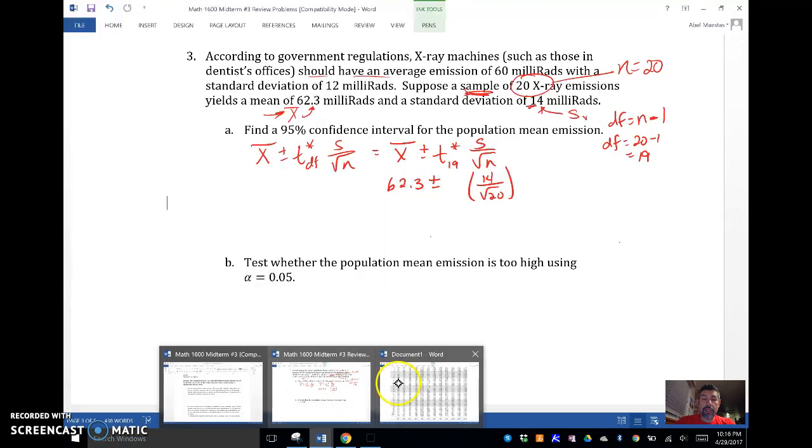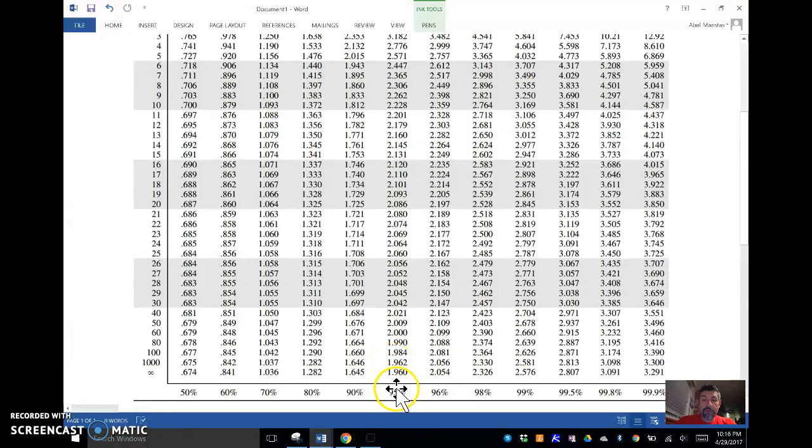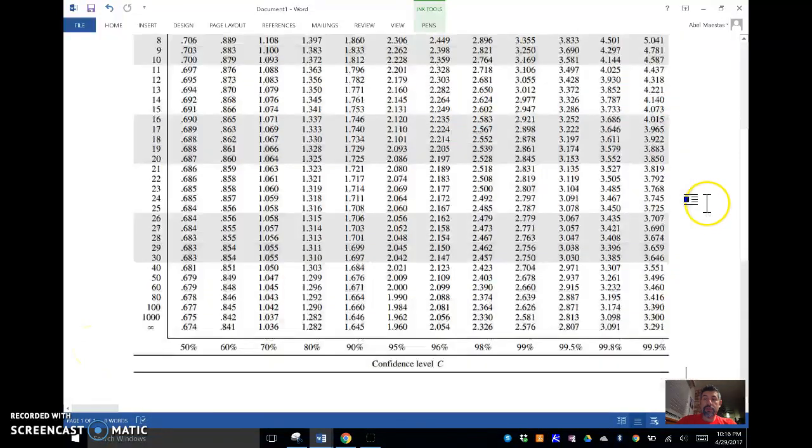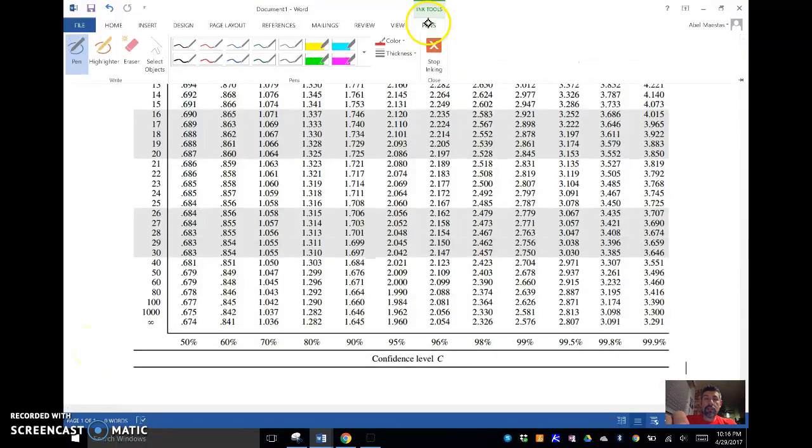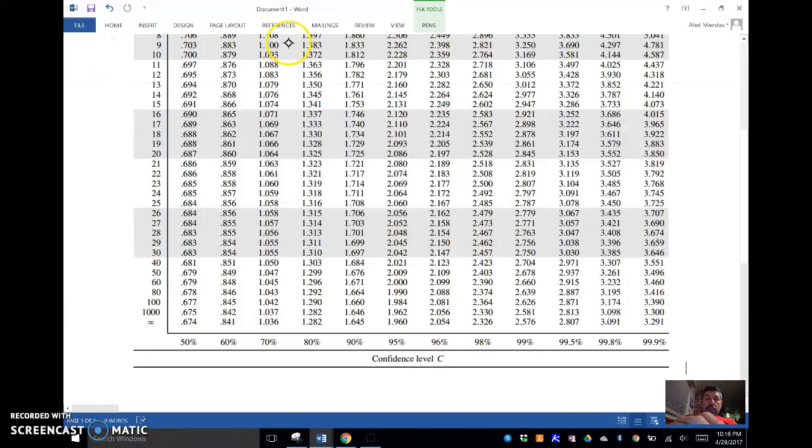So we go to 95% confidence, which is right here, and we go all the way up to 19 degrees of freedom. On the side there's 19 degrees of freedom, so we follow that across and follow this up, and we get 2.093 as our T star.